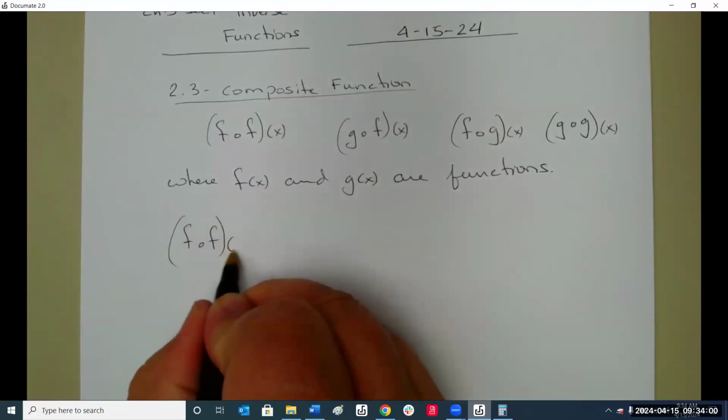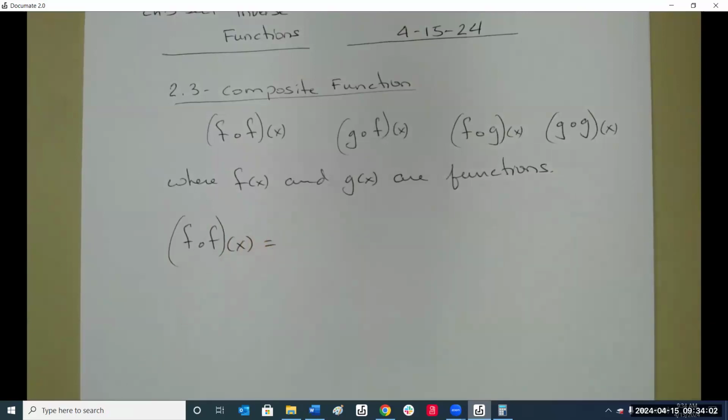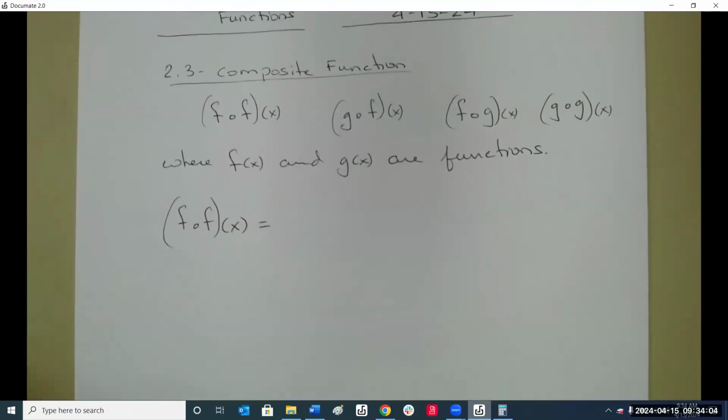What does this mean? What does that mean? What's another way of writing it?